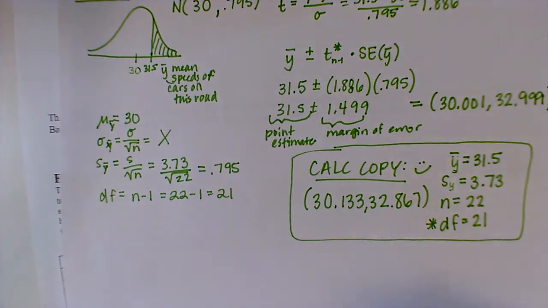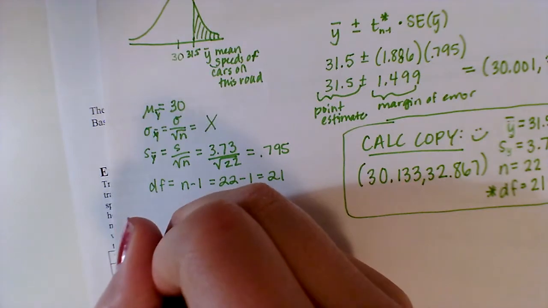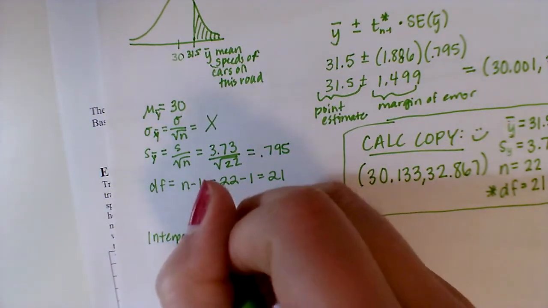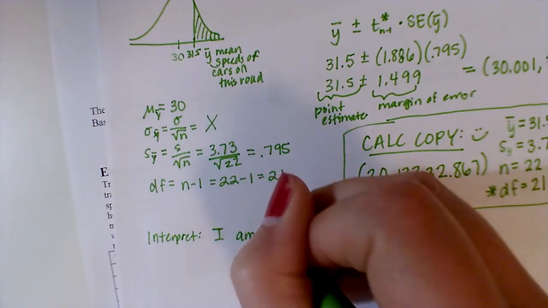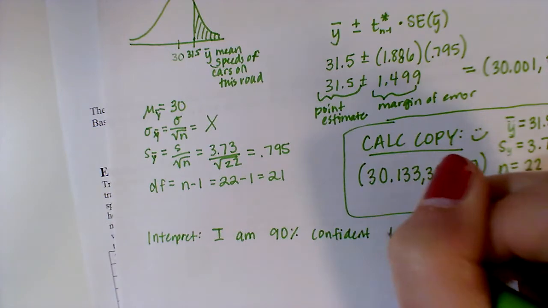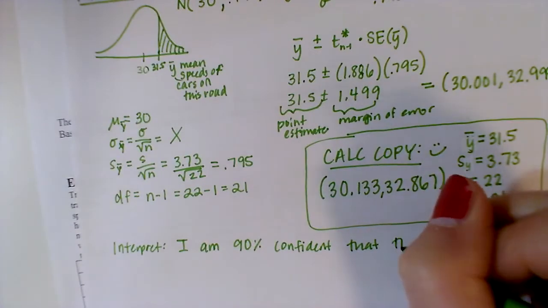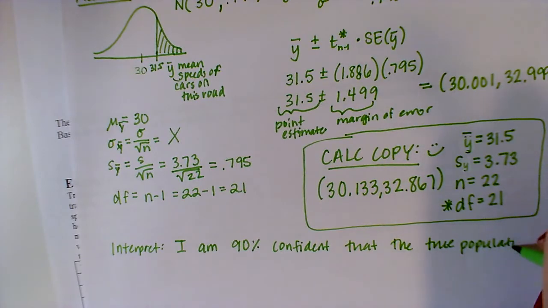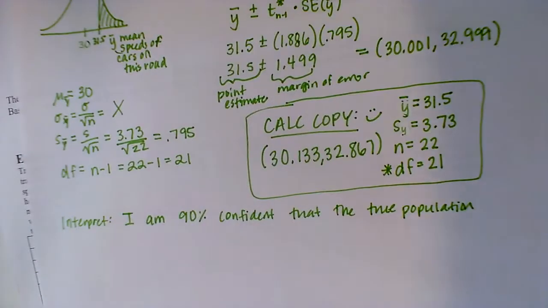Last thing we're going to do is interpret this. So here's my interpretation. You probably know this back of your hand. You can say it with me. I am 90% confident that the true population, now we're not going to say proportion, what are we going to say? Mean.